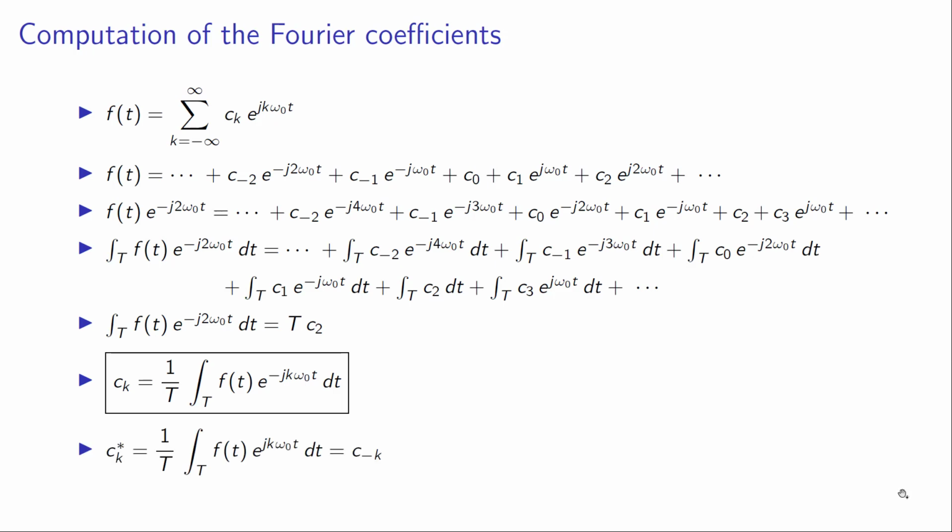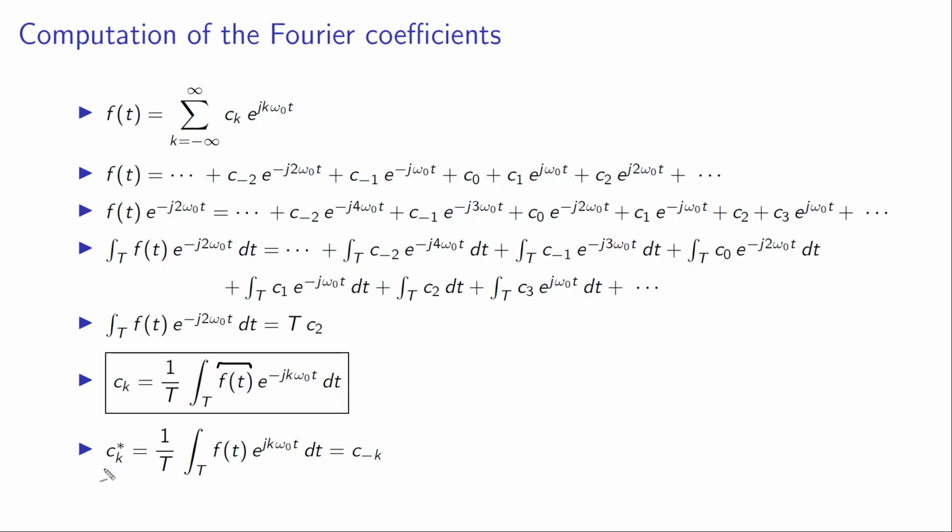Remember that we had used the fact that ck conjugate is equal to c minus k. Let's have a look if this is the case for this expression of the Fourier coefficients. Remember that f of t is a real valued function. If you take the conjugate of ck, what will change over here is that instead of minus j, you'll have j. And you can see that this is also equal to c minus k. If k changes sign, instead of minus k, you have k.